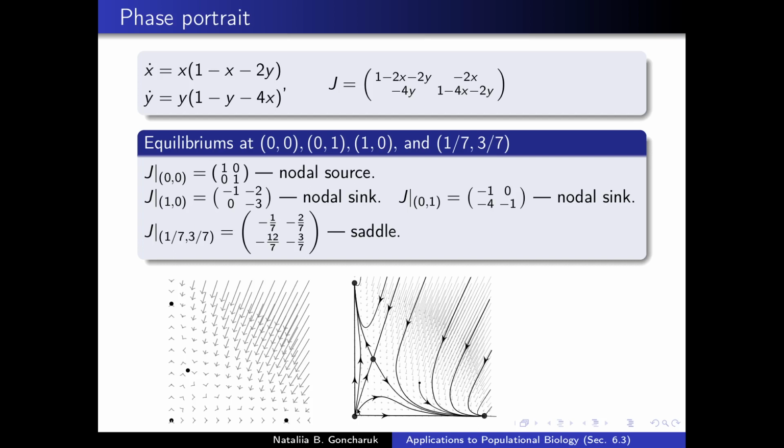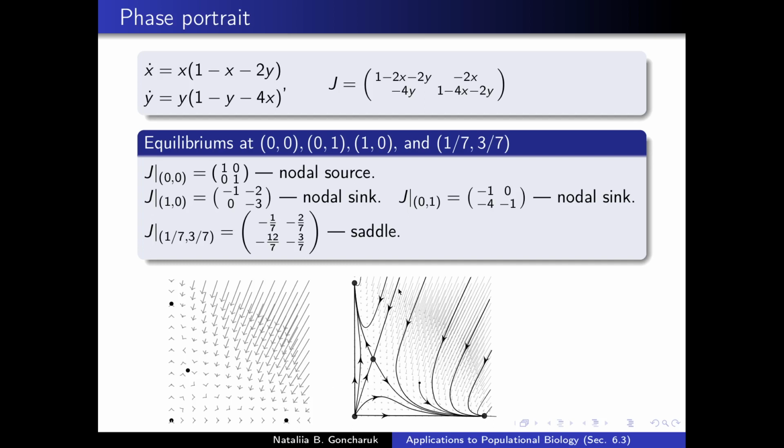You can try to start here, then you still tend to this equilibrium, or if you start here you tend to this equilibrium. Some of the species will die out. This is an unpleasant picture for both species. They cannot coexist. Whenever you start on the picture, you will tend to either of the stable equilibriums, and so this means that one of the species dies out.